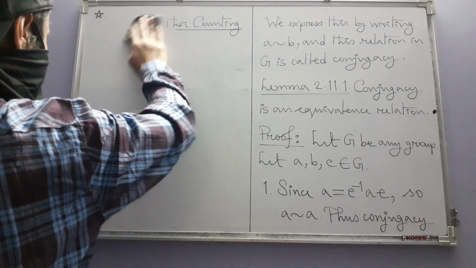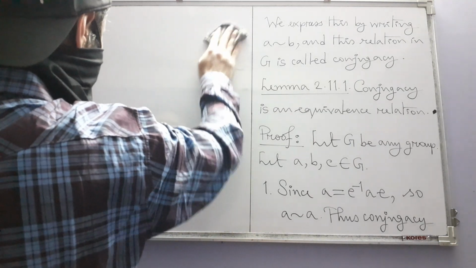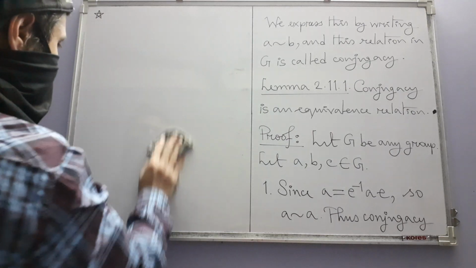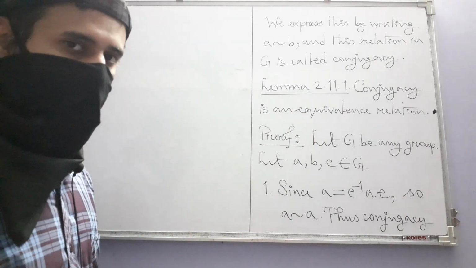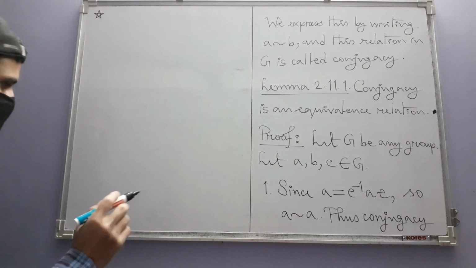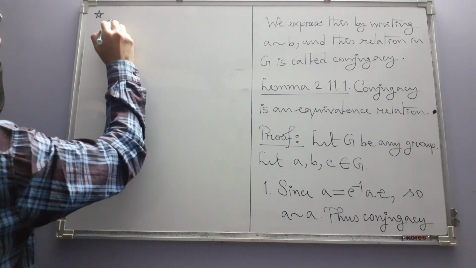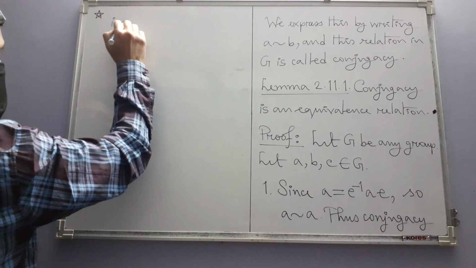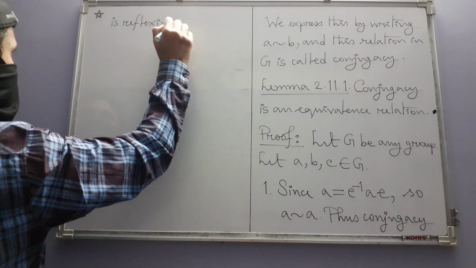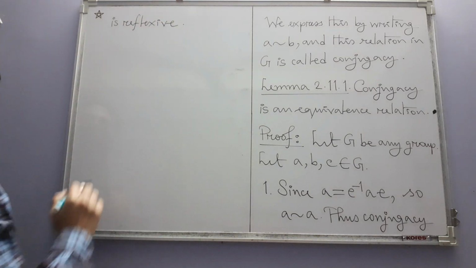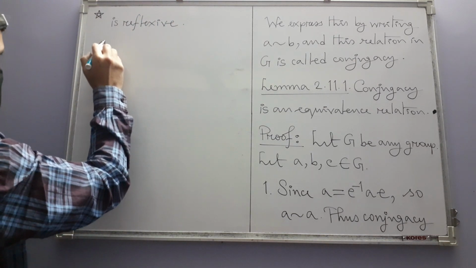Here, since A is an arbitrary element of G, A being related to itself also means that this is true for all A belonging to G. So that's why we are concluding that conjugacy is reflexive. Next, let us prove symmetry.